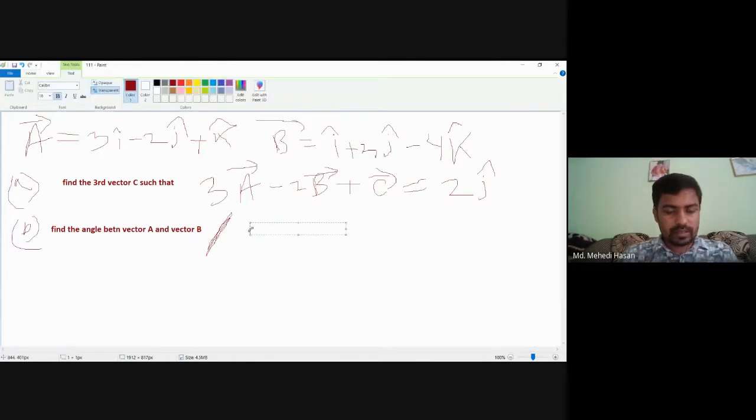This is find the angle between vector B and negative z axis, y axis.